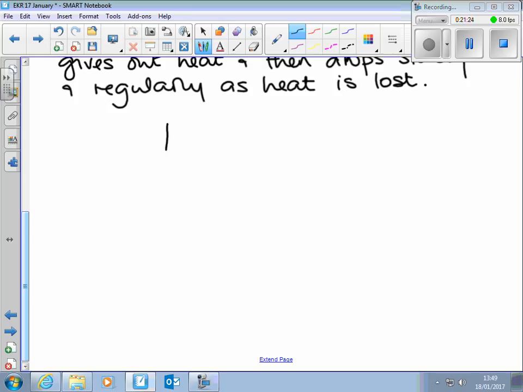If this is our temperature, it doesn't matter whether that's degrees C or kelvins, they are essentially the same. And that's time. So, temperature and time.